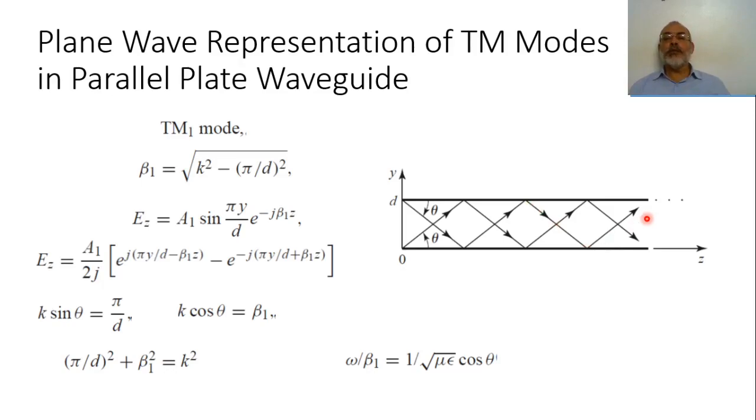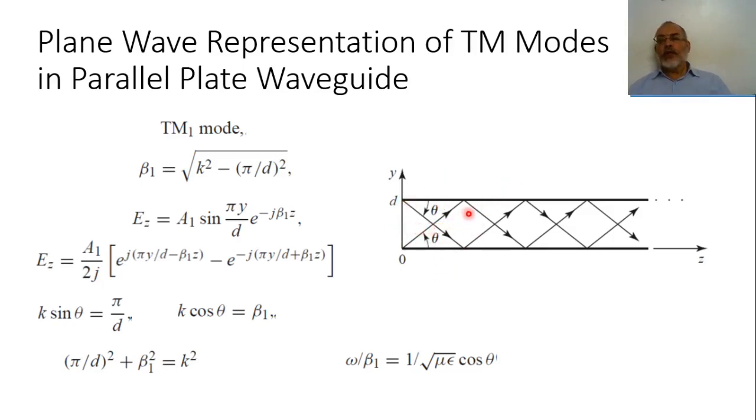Now, what is the physical meaning of the phase velocity? Effectively, the phase velocity is not the velocity of the TM wave, but the velocity of the phase of this tilted plane wave.